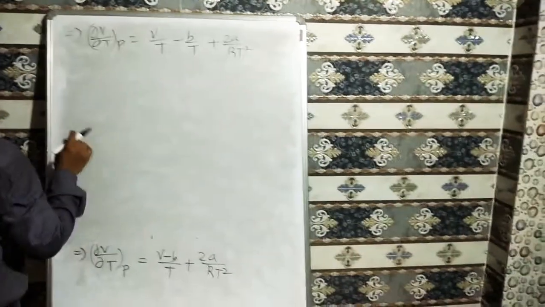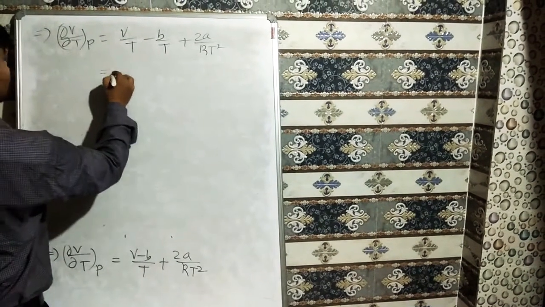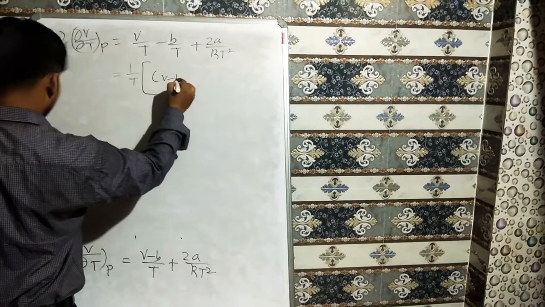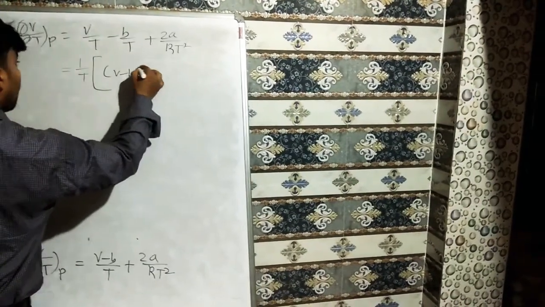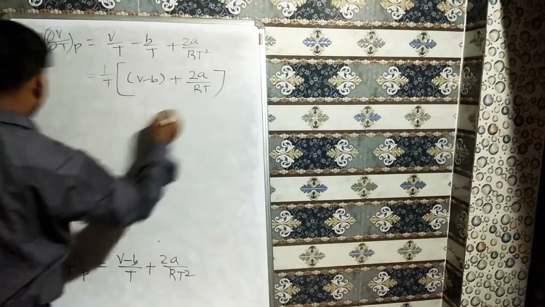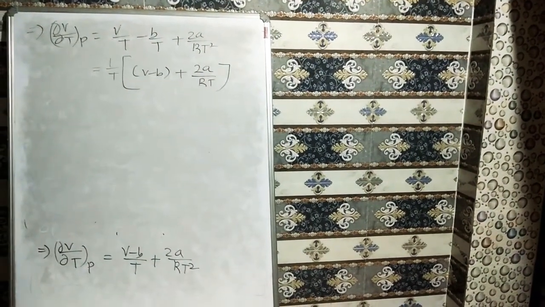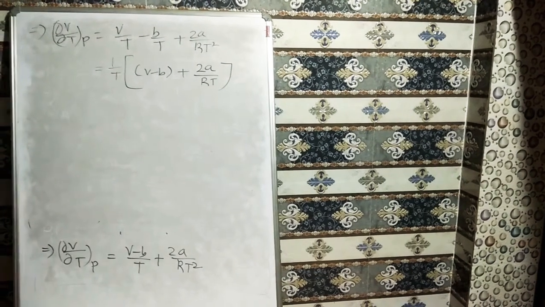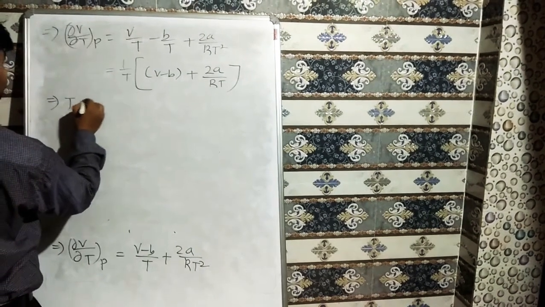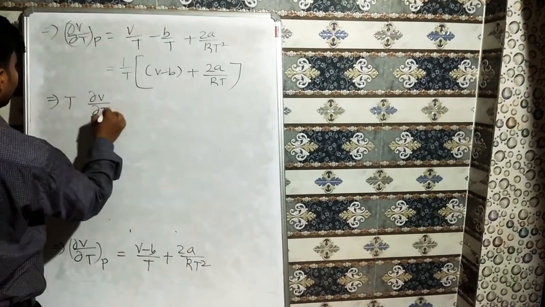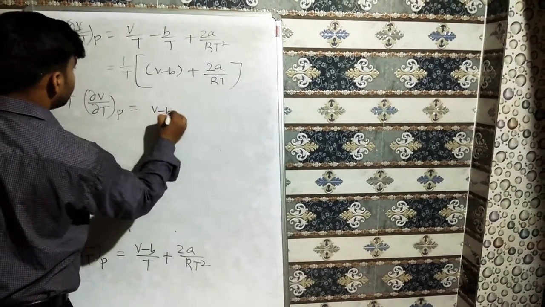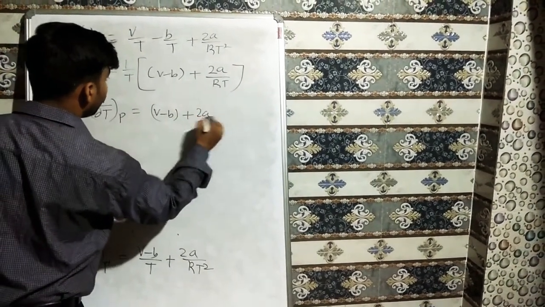Now if we take in common 1 by T, then we get V minus B plus 2A by RT. If we take 1 by T from the right hand side, then the above expression becomes T into del V by del T at constant P is equal to V minus B plus 2A by RT.